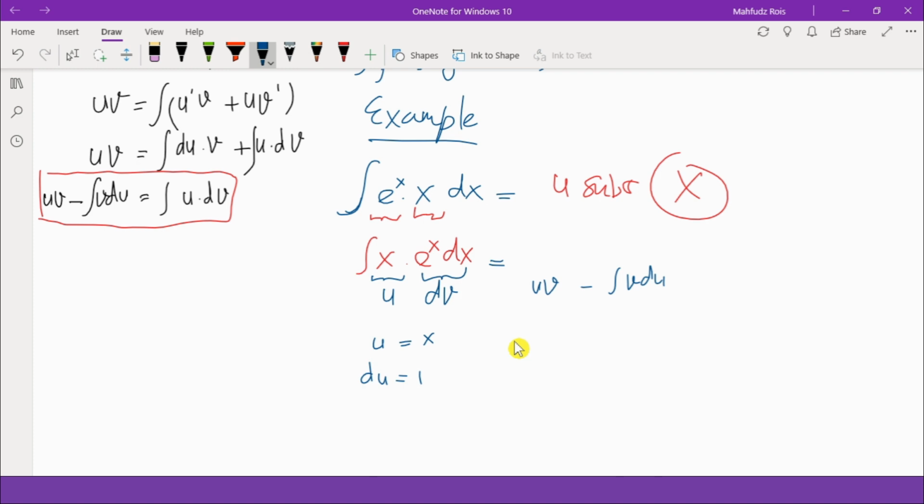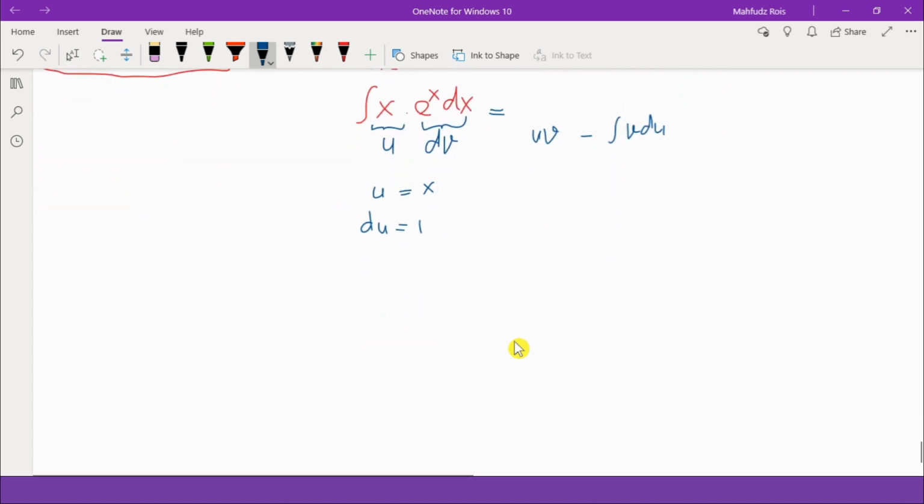And we have dv, which is e to the x dx. So for v, of course, the integration of e to the x dx is e to the x, right?